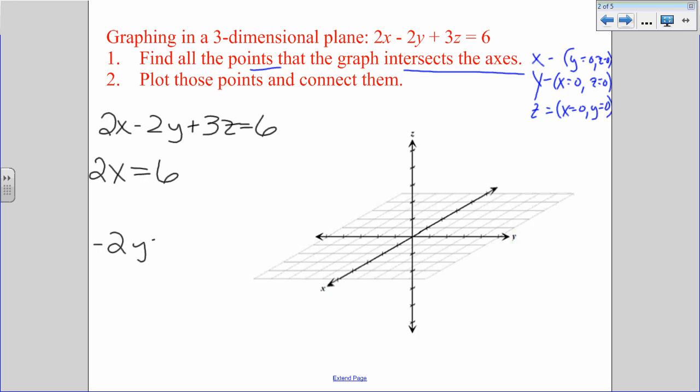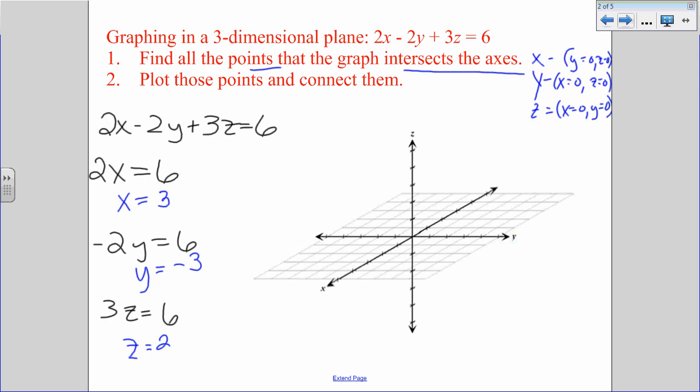Negative 2y is equal to 6. And for my z-intercept, if x and y are 0, I cover those up, and I get 3z is equal to 6. So go through and just quickly solve those. It just ends up being a nice division problem, doesn't it, guys? So x-intercept will be what? 3. What's my y-intercept going to be? Negative 3. And what's my z-intercept going to be? 2.